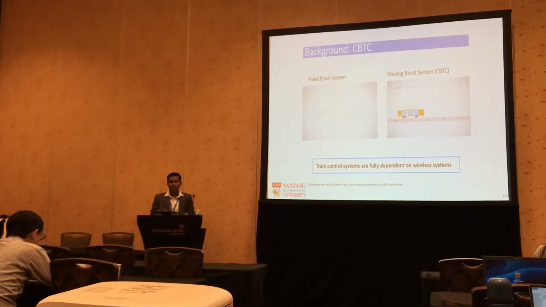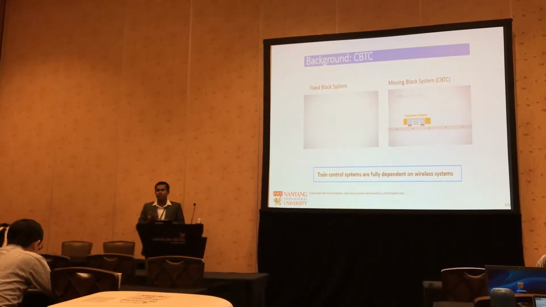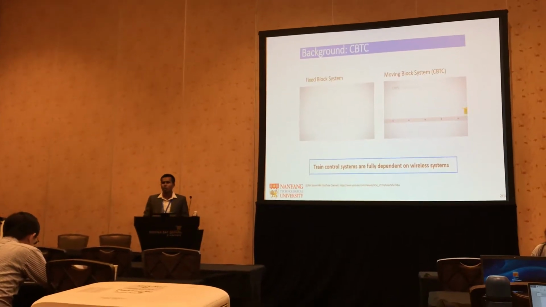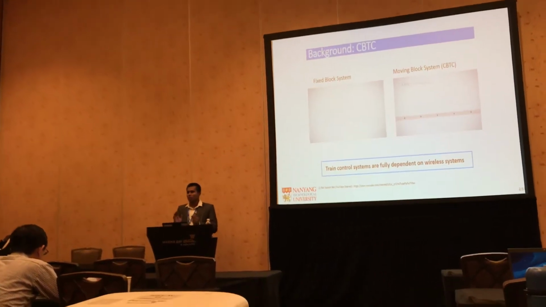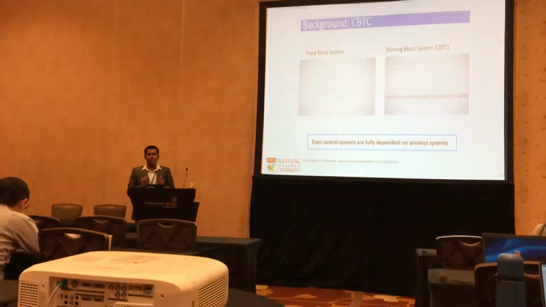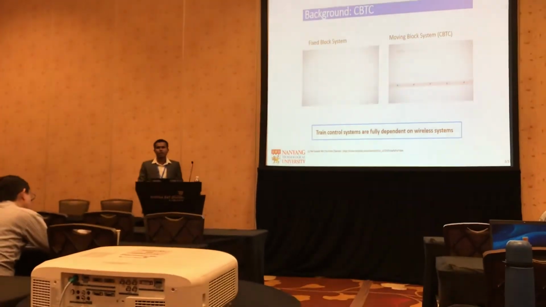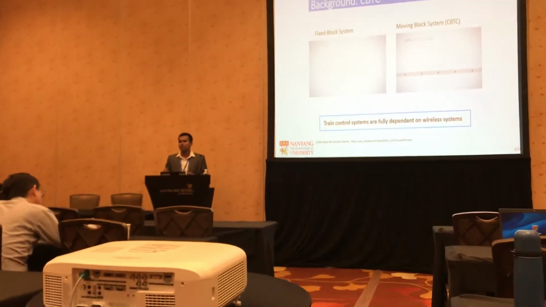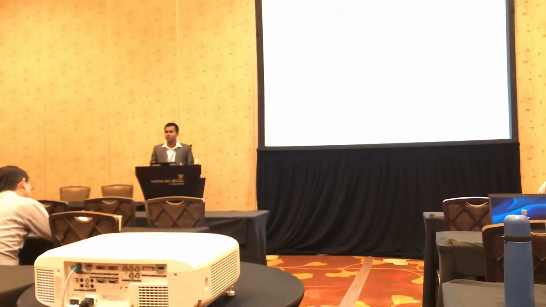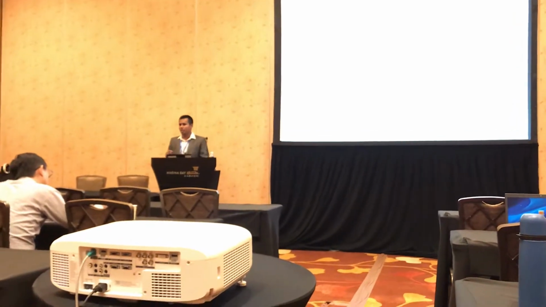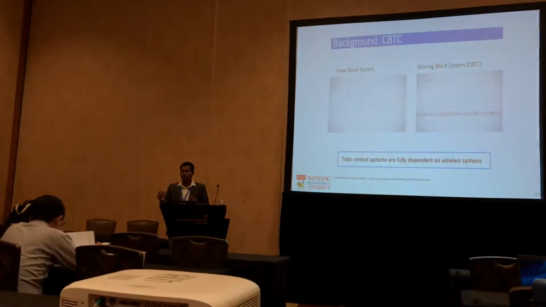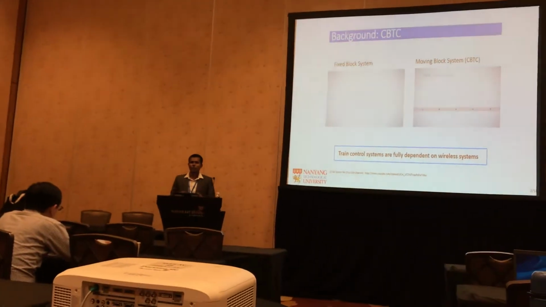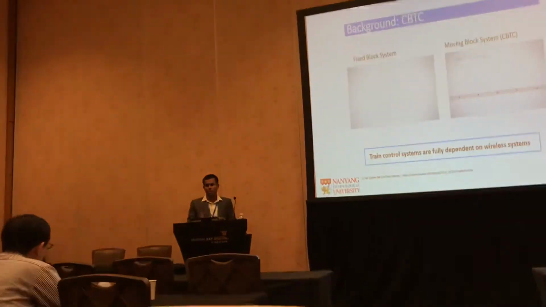According to this information, the trains can make a decision of speeding up or going slow or braking. This is possible only by providing a reliable communication system for the train all over the track, whether it is in tunnel, in open area, wherever it is. If you provide a reliable communication system, then the train can transmit its speed and location information to the next trains, the operator, everywhere, and the whole system works properly.